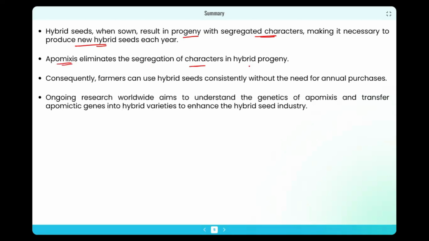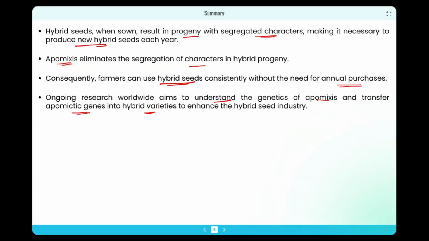With apomixis, the characters are maintained in the hybrid progeny. Consequently, farmers can use these hybrid seeds consistently without the need for annual purchases. Ongoing research worldwide aims to understand the genetics of apomixis and transfer the apomictic genes into hybrid varieties to enhance the hybrid seed industry.